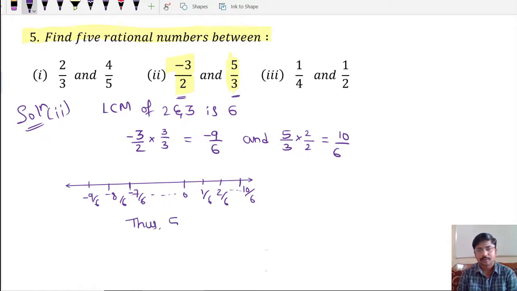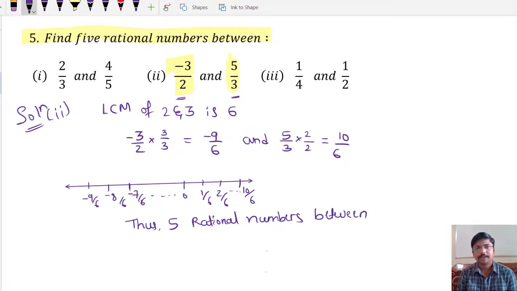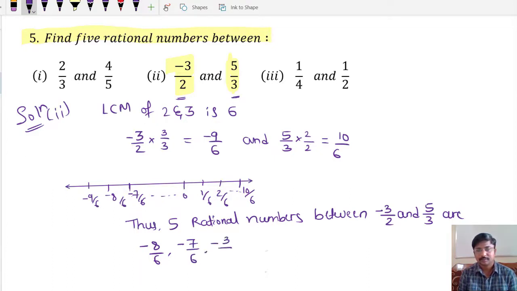Thus 5 rational numbers between minus 3 by 2 and 5 by 3 are minus 8 by 6, minus 7 by 6, minus 3 by 6, 1 by 6, 5 by 6.